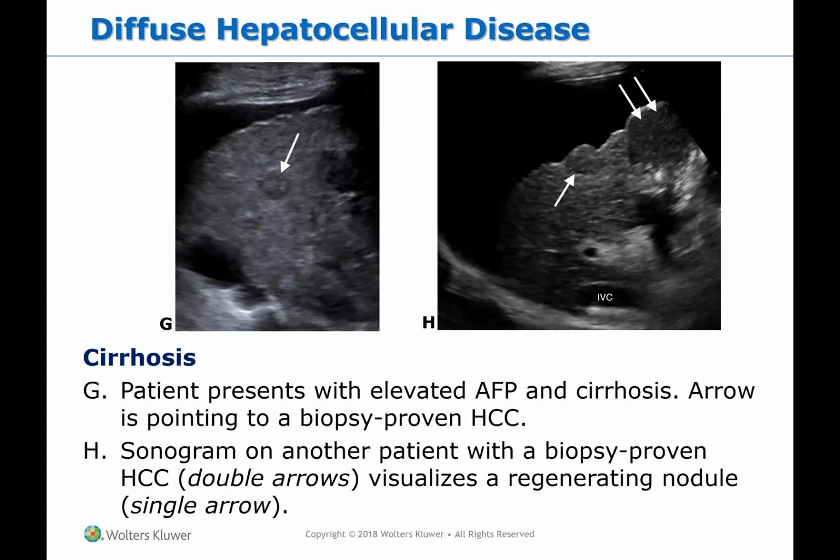This one, G, that arrow, that little mass right there, was a hepatocellular carcinoma, which can take place in cirrhosis. So not only do they get cancer too on top of it.